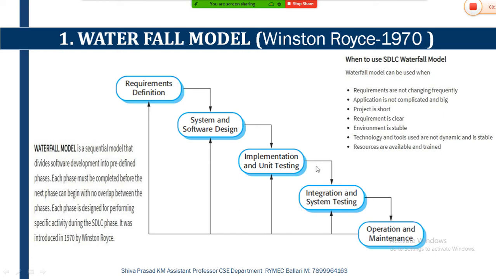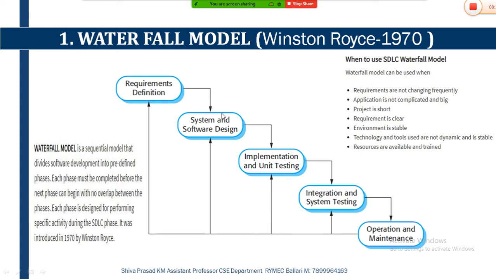Each phase is represented separately, but the outcome of the first phase acts as the input of the second phase. The outcome of the second phase acts as the input of the third phase. The outcome of the third phase acts as the input of the fourth phase, and the outcome of the fourth phase acts as the input of the fifth phase.